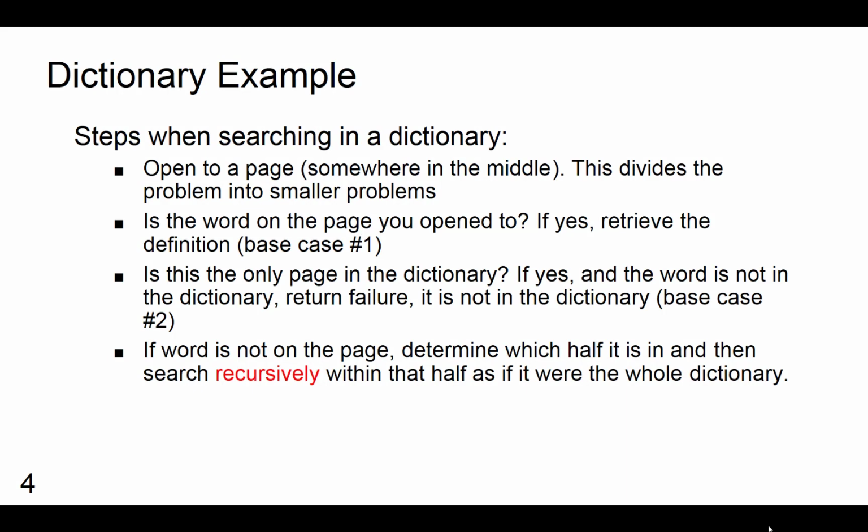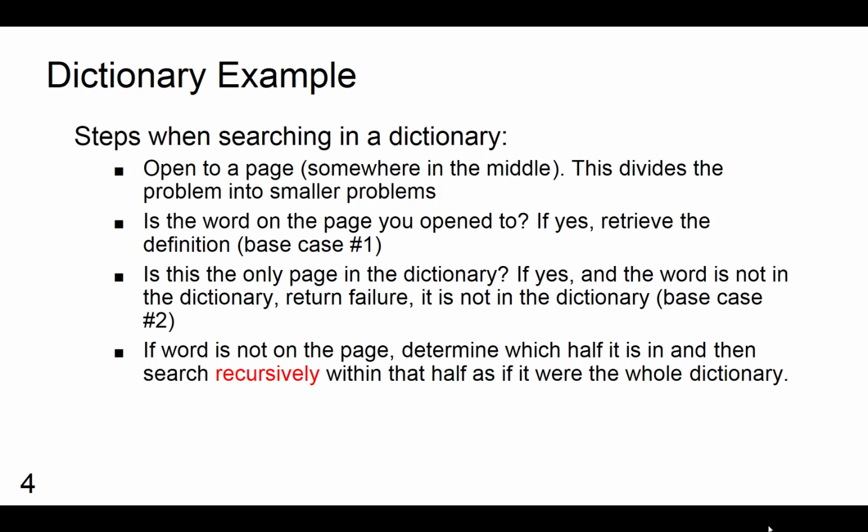One good example is searching for a word's meaning in the dictionary. One approach is to do a sequential search. We just go through the first page, second page. This way is lengthy and inefficient if the dictionary has many pages.